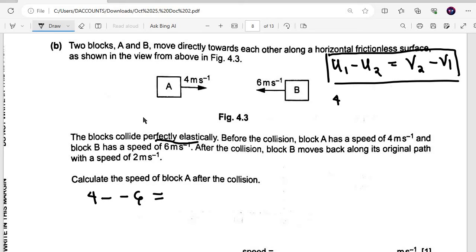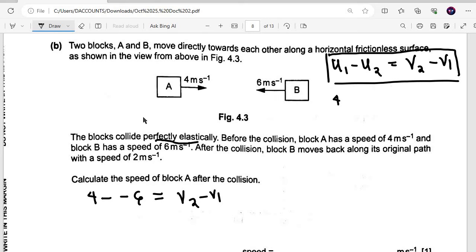So when it moved back along its original path, the final is B2 minus B1. They said it moved back. When something moves back, what does it mean? The original path is the path you are looking at, right?